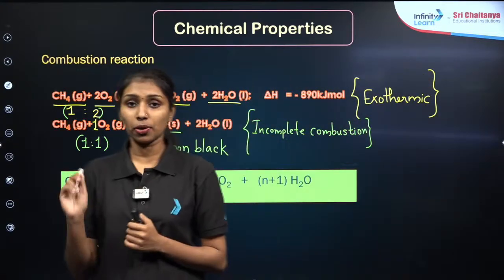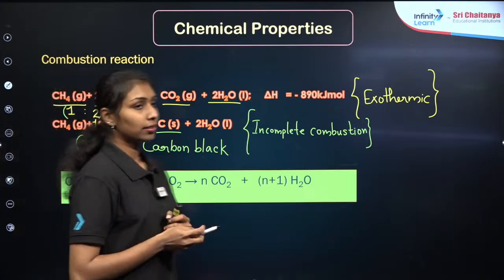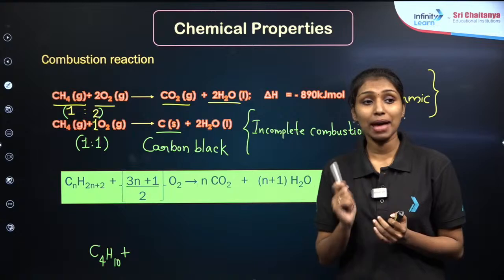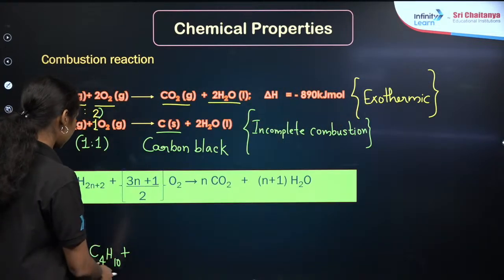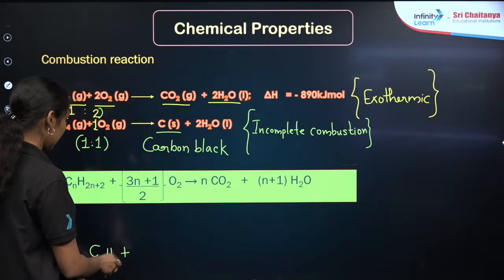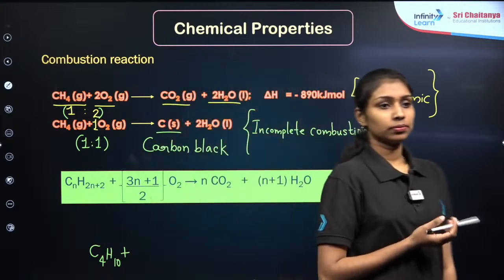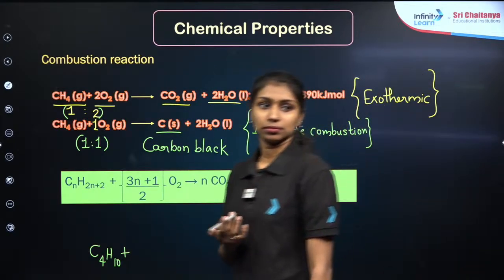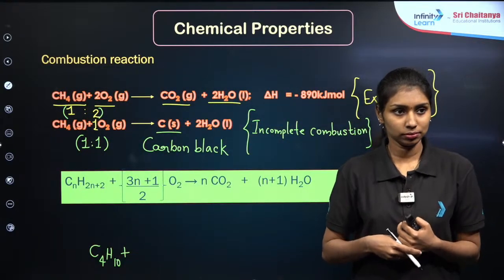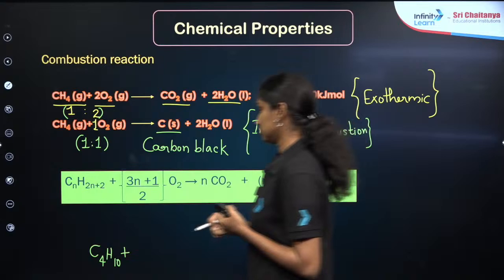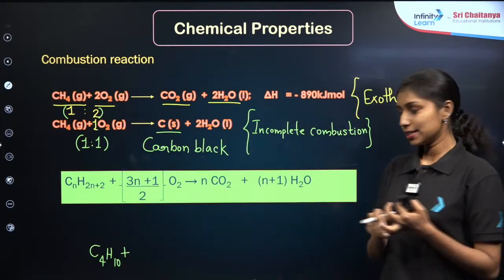Now try to find out the combustion product of butane. What will be the product, with a complete balanced equation? C4H10, CnH2n+2. What is the number of n here, the number of carbon atoms? 4.